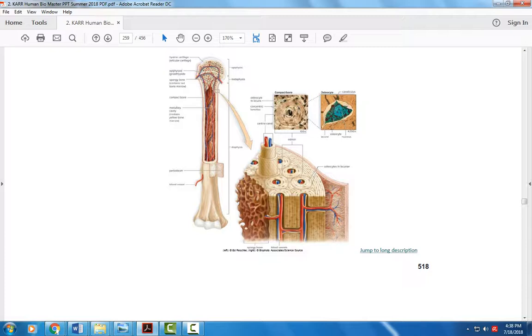So again, a very rich blood supply on this outer edge of compact bone, and it can be painful if we break a bone because there are nerves that run down every little circular unit or osteon. So rich blood supply, good nerve supply.